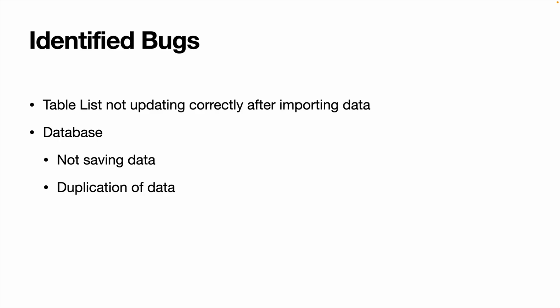And when it did save data, it often duplicated the data in the database, which is not what I want. And so that was part of my motivation to build up this replacement database system. So that's just the tip of the iceberg. There was a lot more going on that I kept seeing little problems here, little problems there.